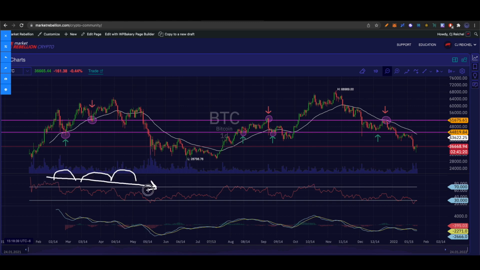And when you're creating lower lows on the RSI, but the overall price trend is creating higher highs, that tells us the upward momentum is slowing and it's probably going to reverse pretty soon. When you see that kind of dichotomy between the momentum and the actual price action, it's important to pay attention to.